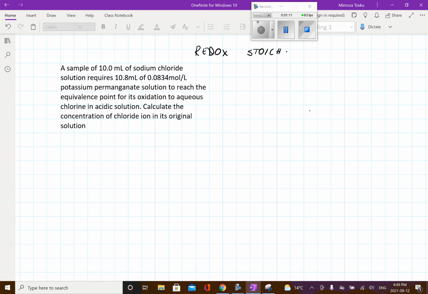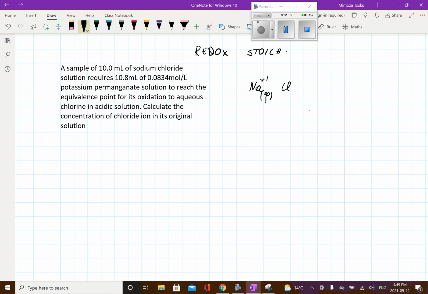But first of all, let's start by writing the redox equation. When we write the redox equation, we will start listing all the entities. So we have sodium, which is +1, and then we have chloride in aqueous solution, which is -1, because sodium chloride is an ionic compound, so when it is dissolved in water it dissociates.